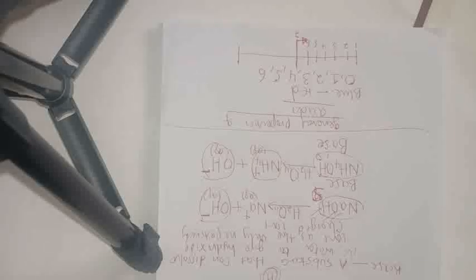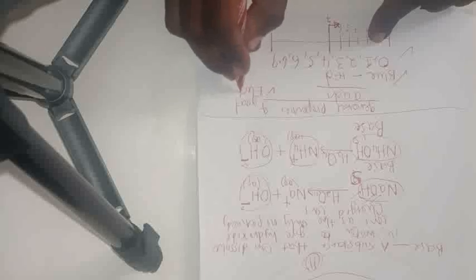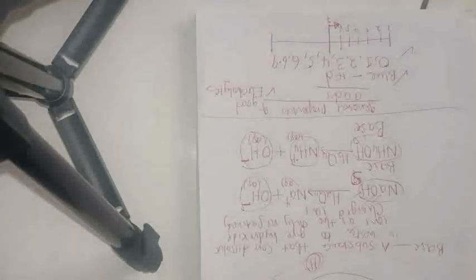Very good. Now, something else, apart from changing a litmus paper from blue to red or having a pH ranging from 0 up to 6.9, we can also say that acids are good electrolytes. What does that tell you about electrical conductivity?